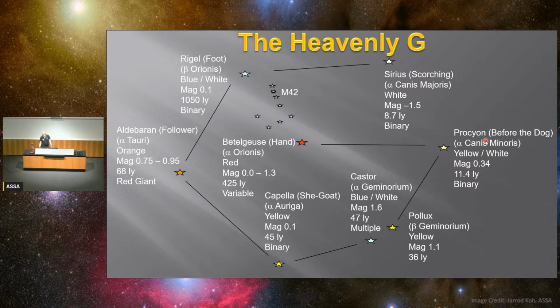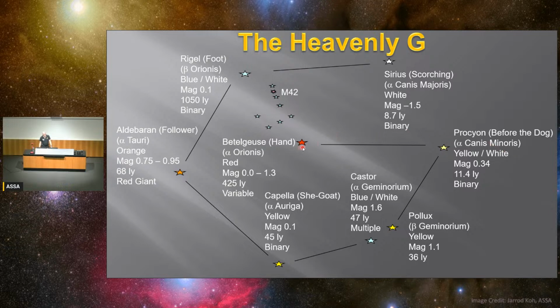Procyon actually means before the dog. It's only 11 light years away, so it's a reasonably close star. And it too is a binary. Like Sirius in the big dog, its secondary star is also a white dwarf. But apparently it's a very old white dwarf, so it's more of a yellow dwarf.